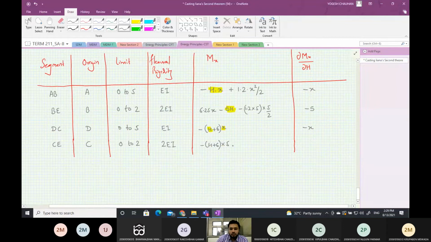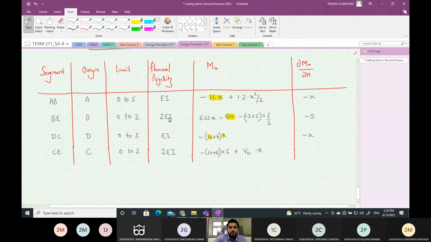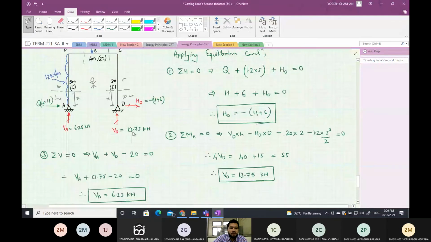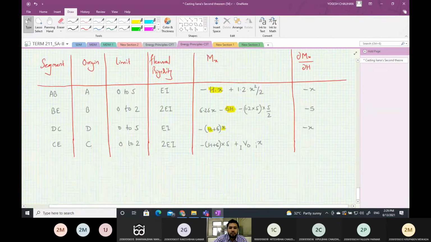So it will be plus VD x. Now what is the value of VD? 13.75. So we can substitute here 13.75 into x. Now again, partial differentiation of this moment equation with respect to h.